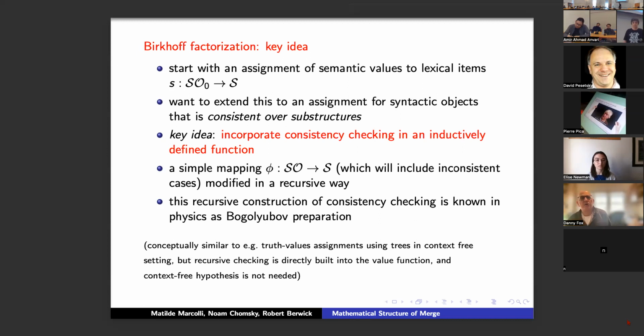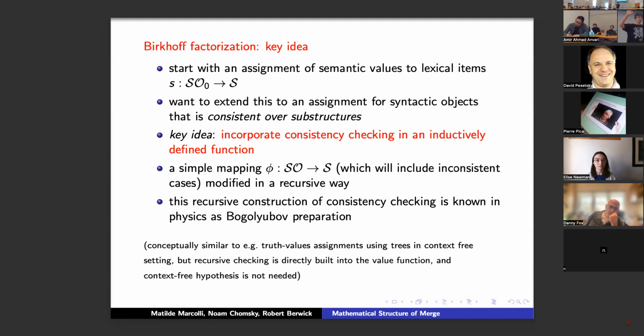Let's assume I have some kind of semantic space, and I'm going to be very vague about what I mean by that. As I said, it's going to be some space where I'm going to have some kind of notion of agreement, disagreement, proximity, something like that. But I don't want to assume anything more about it for the moment.